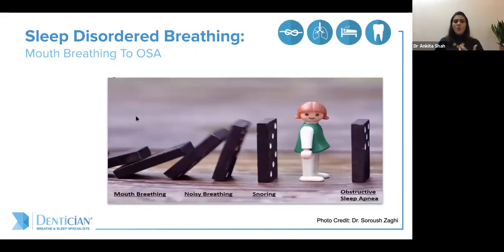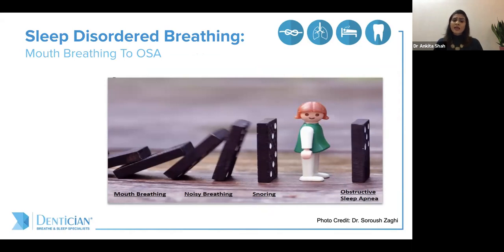So this is an important slide which was adapted from Dr. Soroush Zaghi, under whom I've been mentored and proctored. Now, what he states is that mouth breathing often progresses to noisy breathing, which often progresses to snoring, and snoring often progresses to obstructive sleep apnea.